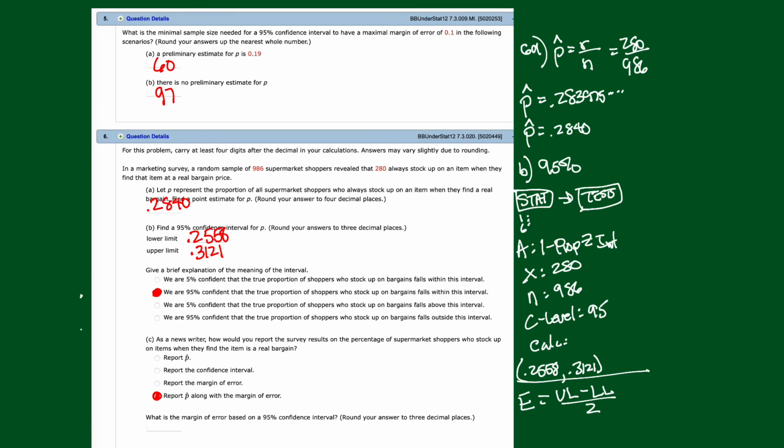It's always halfway between the upper and the lower limit. So for us, it's going to be 0.3121 minus the lower limit 0.2558, and I'm going to divide that by 2.